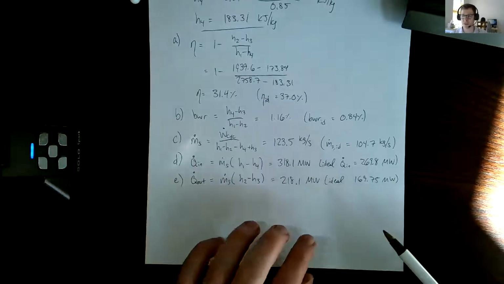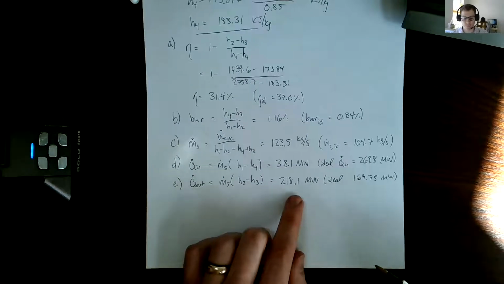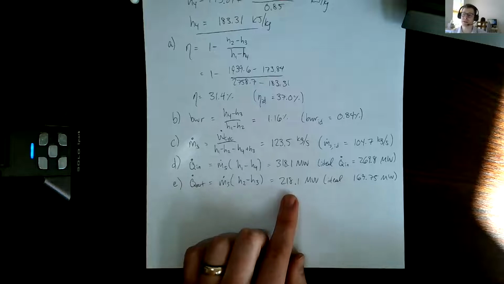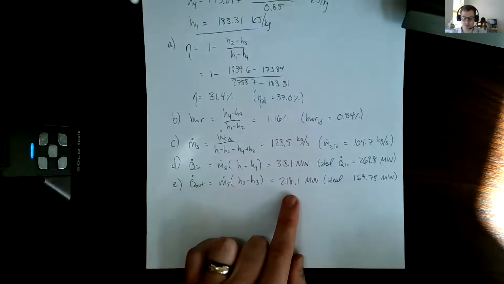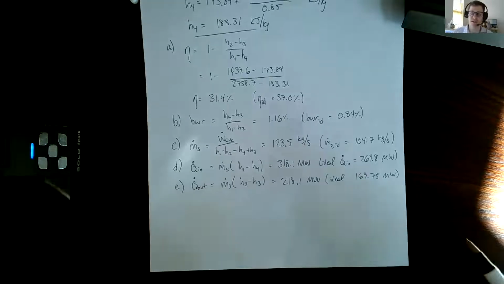You kind of have to puzzle through it a little bit. Because the cycle is less efficient, and remember, I didn't do anything to the condenser or the boiler directly, I just changed the isentropic efficiency of the turbine and the pump. But because of that, I now have to get rid of way more waste heat than I did before. So it's a lot more expensive to get rid of the waste heat because of the inefficiencies.